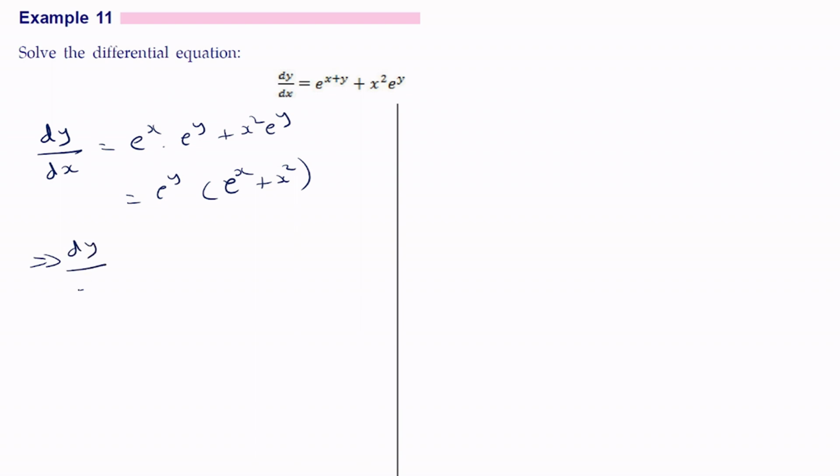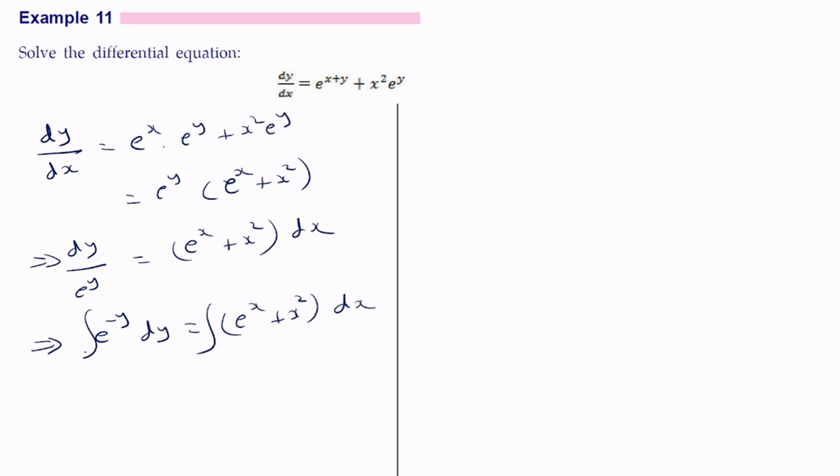So we have dy by e raised to y equal to e raised to x plus x square dx. So from this we get e raised to minus y dy equal to e raised to x plus x square dx. Let us integrate both sides.